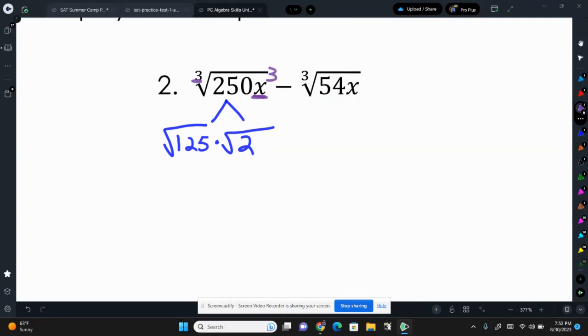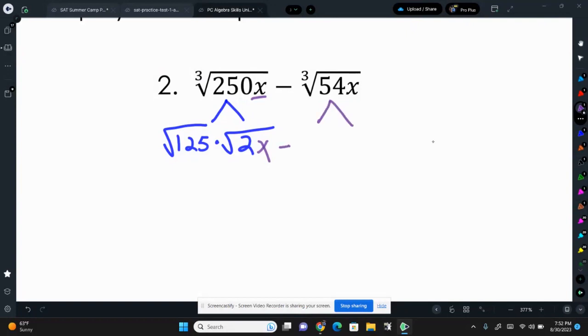So if this was x to the third power, we could bring that out. But if it was x squared, we couldn't bring that out. X to the fourth, we could bring that out, but we would also have a leftover on the inside. Like I said, we're going to do more of that tomorrow. But for now, we can't do anything with that x, so it's just going to stay inside.